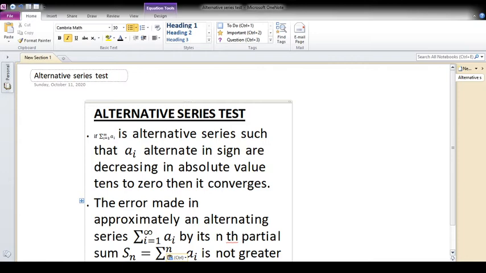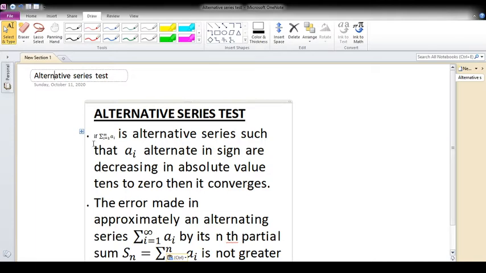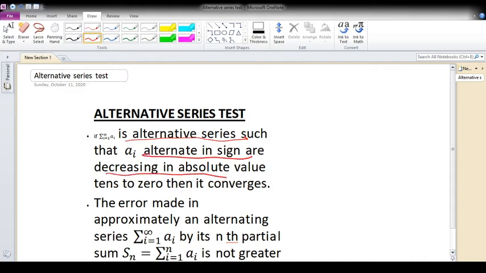In this series test, we consider the summation of a_i, an alternating series. That means the signs alternate and the absolute value of the terms decreases and tends to 0.